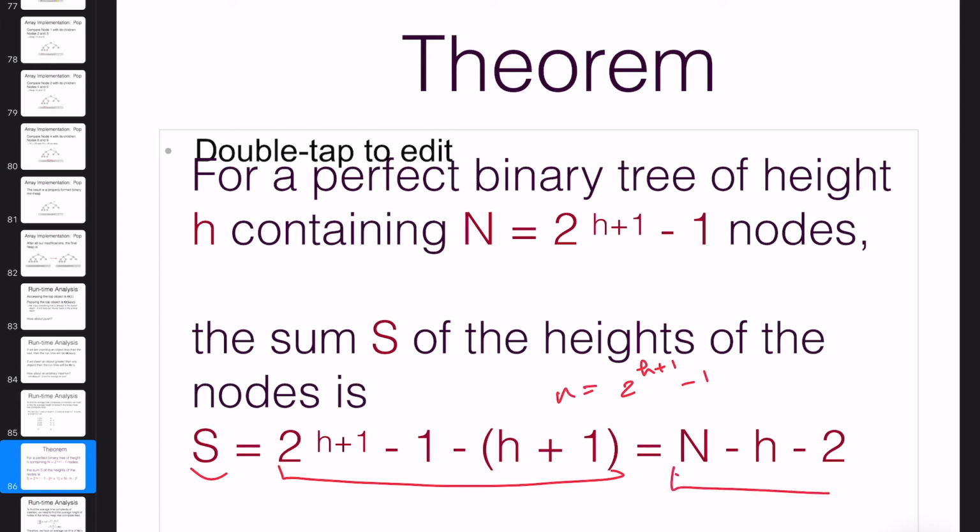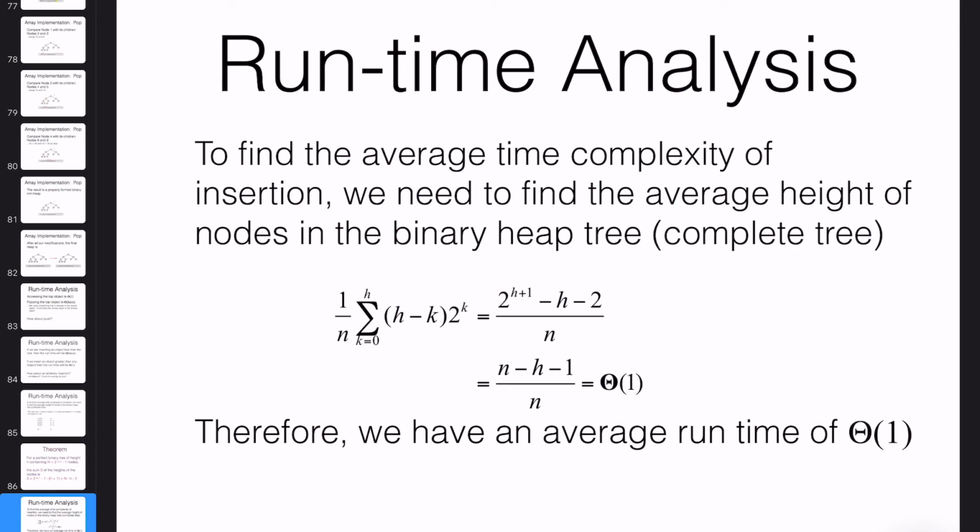So I would say that in a binary heap with n nodes, the number of percolations that you would need on average for all the nodes is going to be n minus h minus 2. If I take the average, you would divide it by n, right? And yes, ta-da! I got the average time complexity of constant for the push.